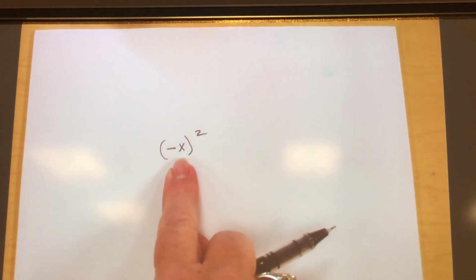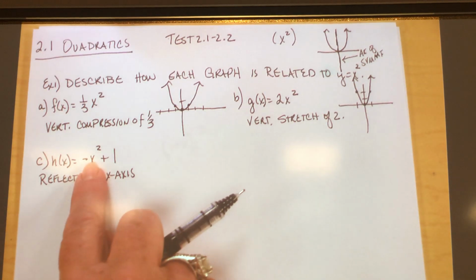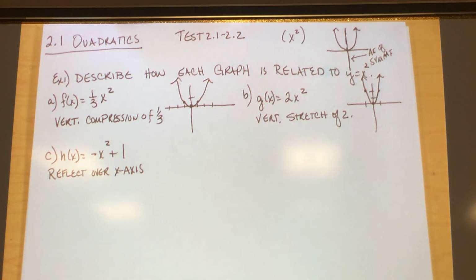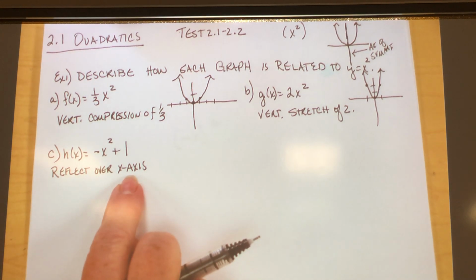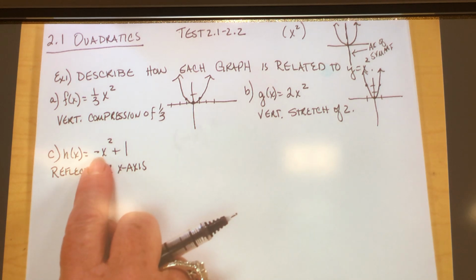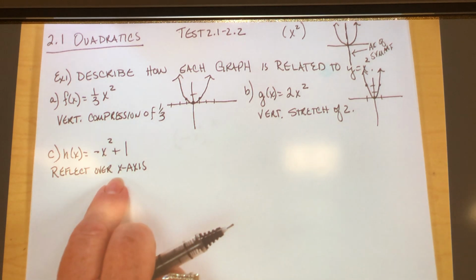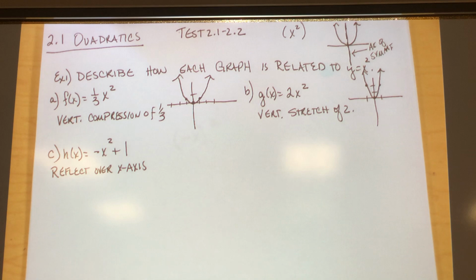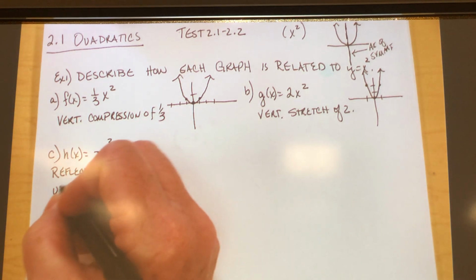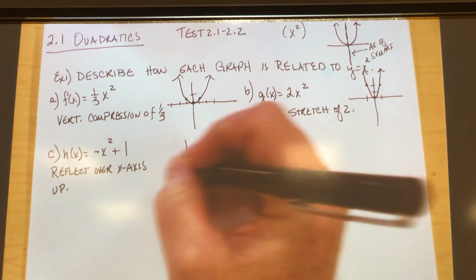That's on the x. So this is on the y. Whatever axis it's on, it reflects over the other axis. So it reflects over the x-axis. That just means it opens down. That's just a fancy way of saying that. What else? Up 1. So this is what it's going to look like.